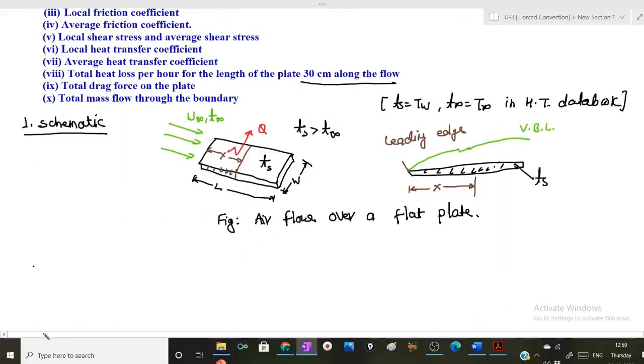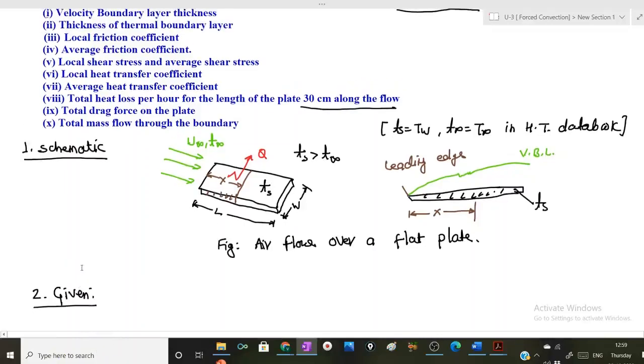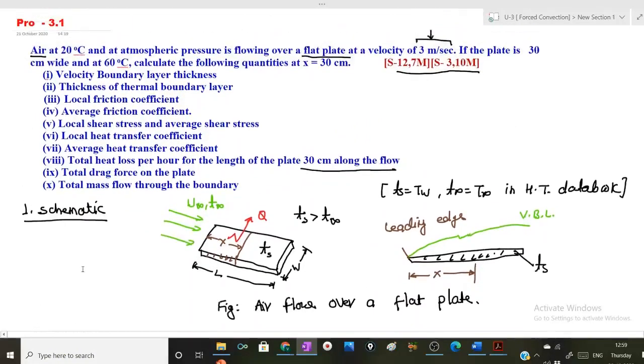Then point number 2 or step number 2, enlist all the given things. So what are the different values given to you? You have been given the fluid temperature as 20 degrees Celsius. Velocity is given.